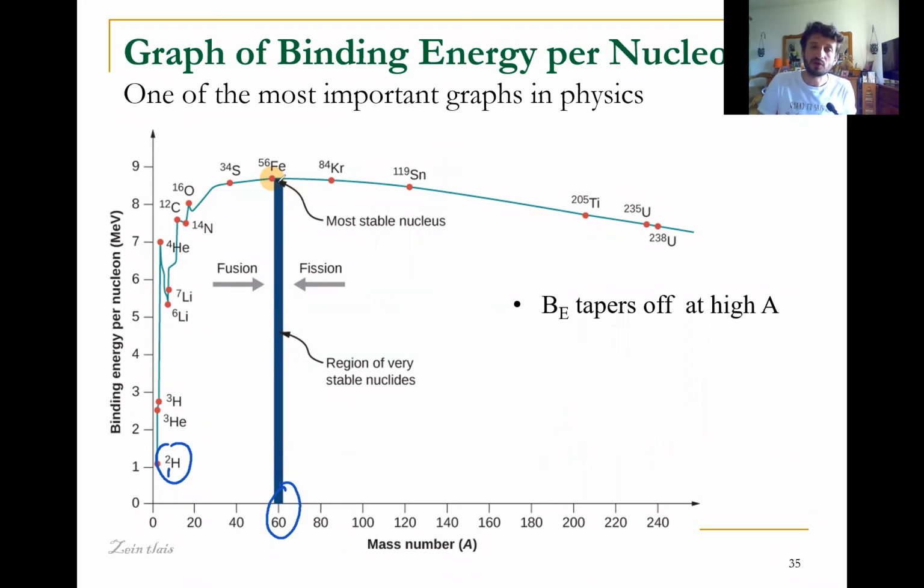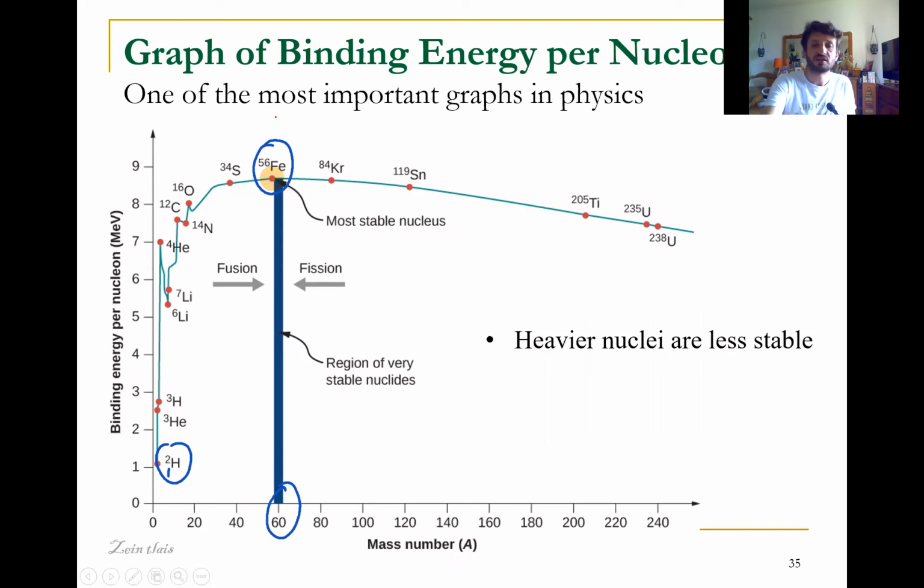At this point, we have the most stable nuclei. It's the zone where we have all the most stable nuclei. And the most stable nucleus is the nucleus of iron 56, Fe. If we increase the mass number here, the binding energy decreases.